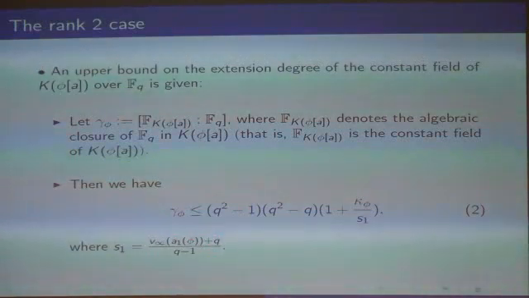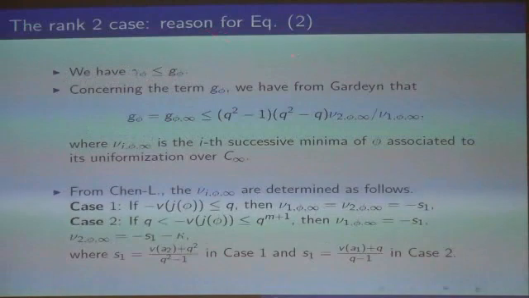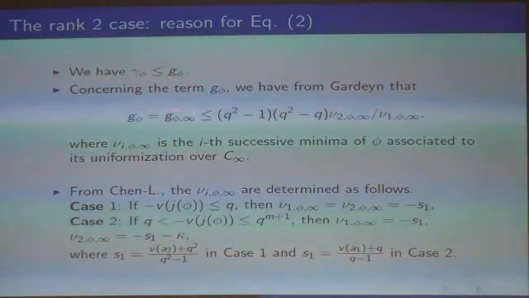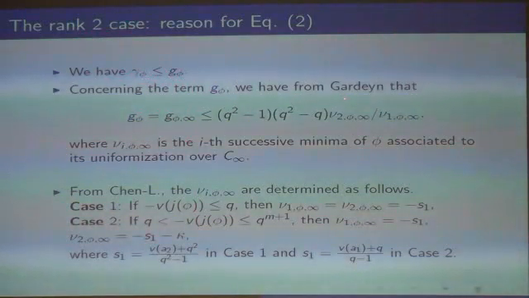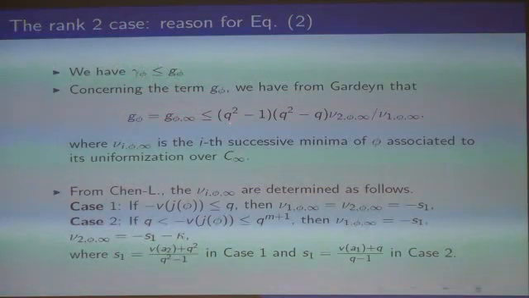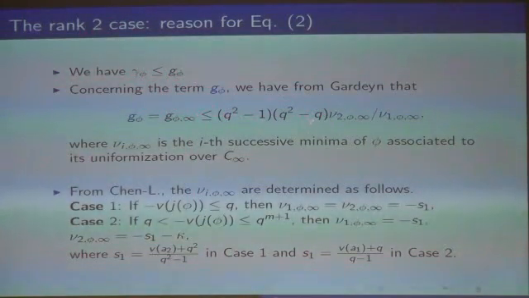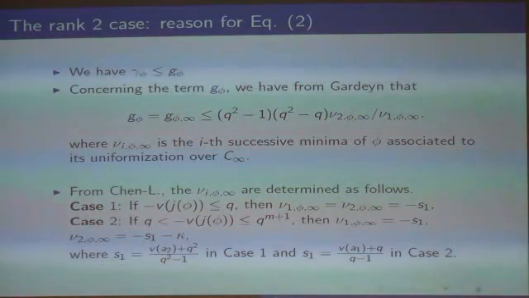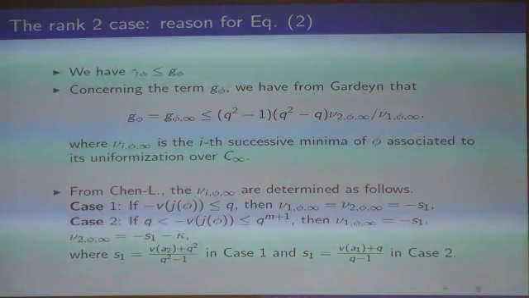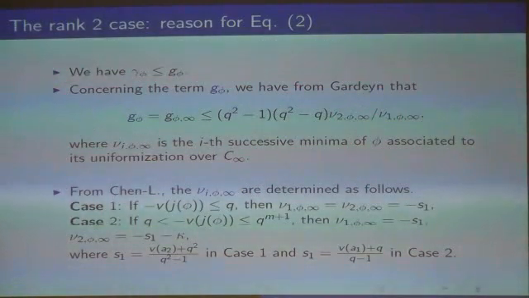So how do we get this result? The reason for the previous inequality is that gamma phi is bounded by G phi. This is proved. And concerning this term, we have a good result from Gardeyn. Gardeyn got this bound, bounded by this successive minima value. This is a rank 2 case, but his result is for general rank.